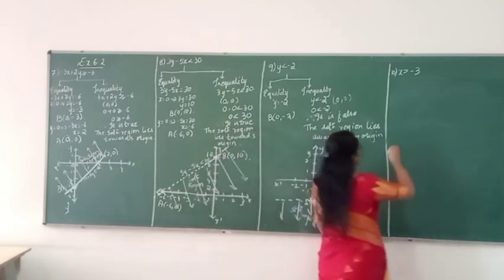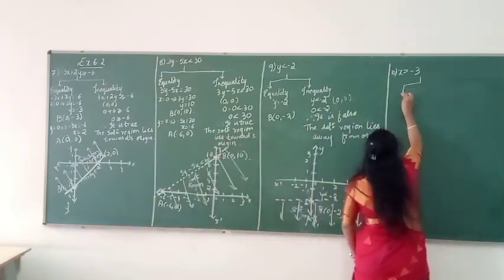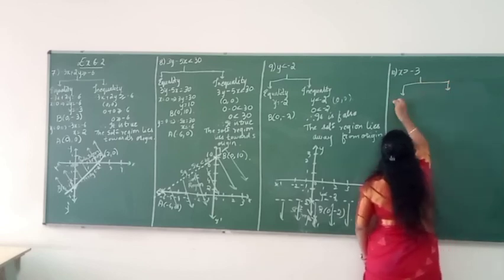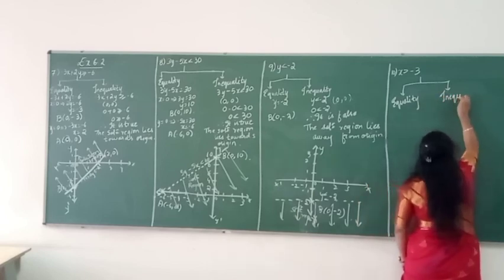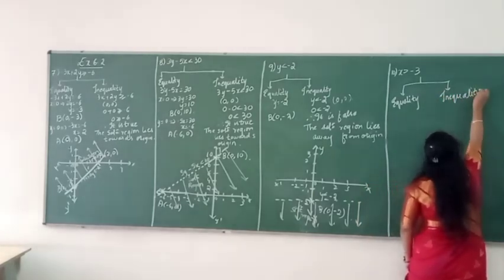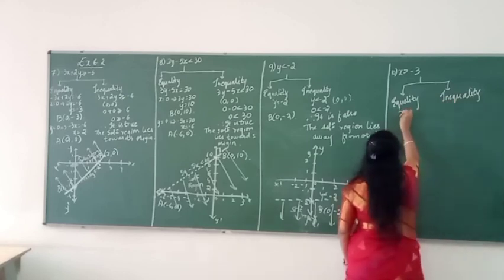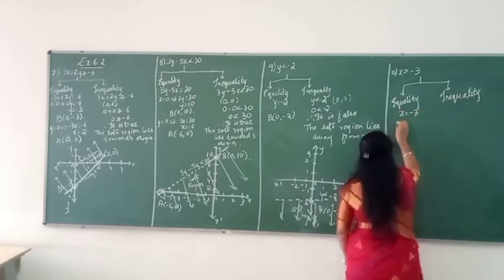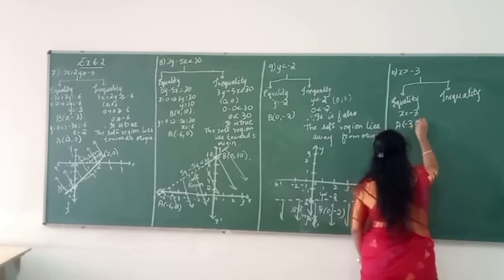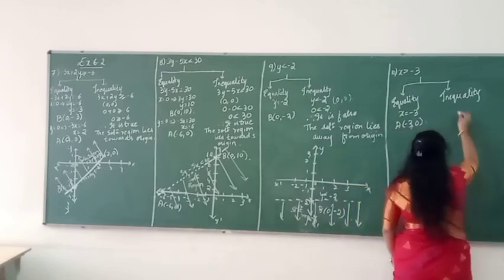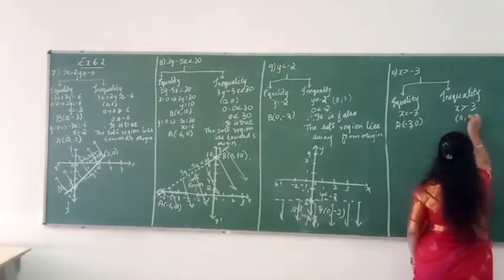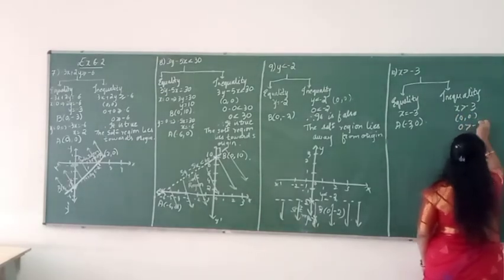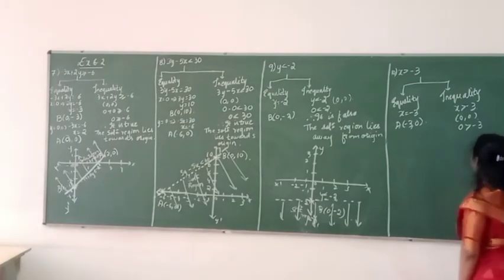And the last problem is equality and inequality. So here we will have x is equal to minus 3, whose coordinate is (minus 3, 0), and the inequality is x is greater than minus 3. So substitute (0, 0), so it will be 0 is greater than minus 3.